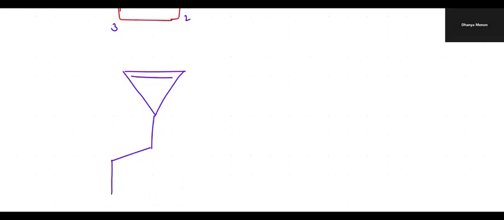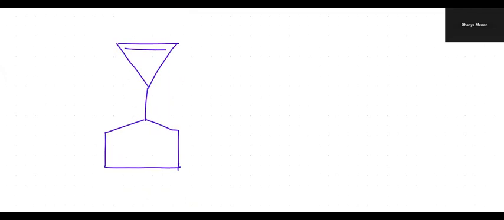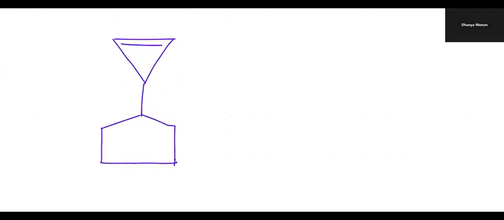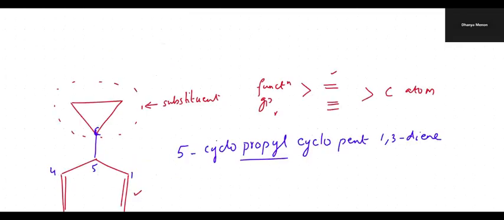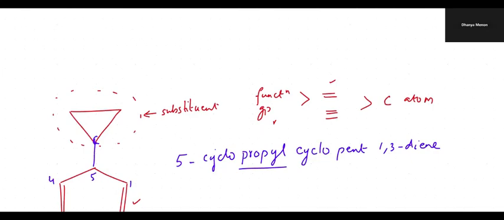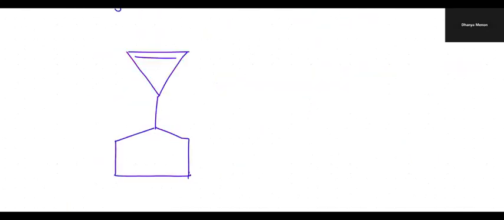Now, there are 2 rings. Which one will you make the root word and which one will you make the substituent? So first, you check the functional group. Functional group is not there. Are there double and triple bonds? Yes, there's a double bond here. So this is our root word and this is our substituent.